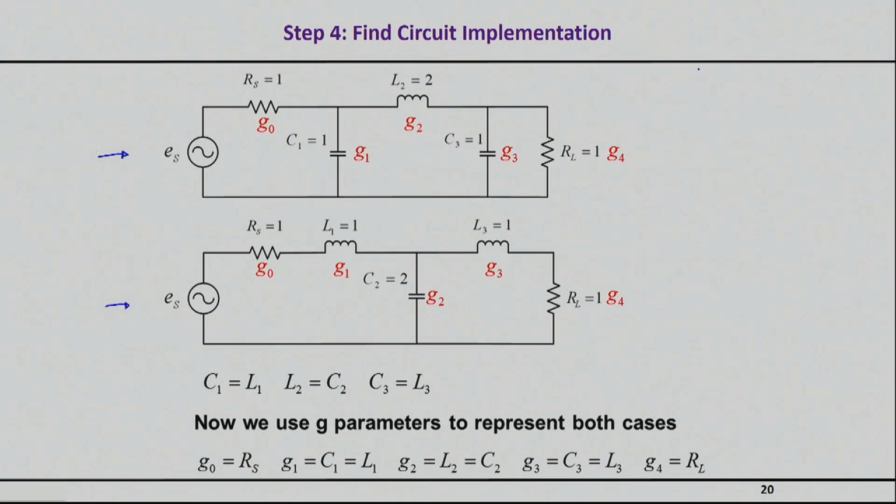But because the elements are identical, we usually end up computing simply those element values of G's, and it really depends whether you'll have them implemented as capacitance or inductance.